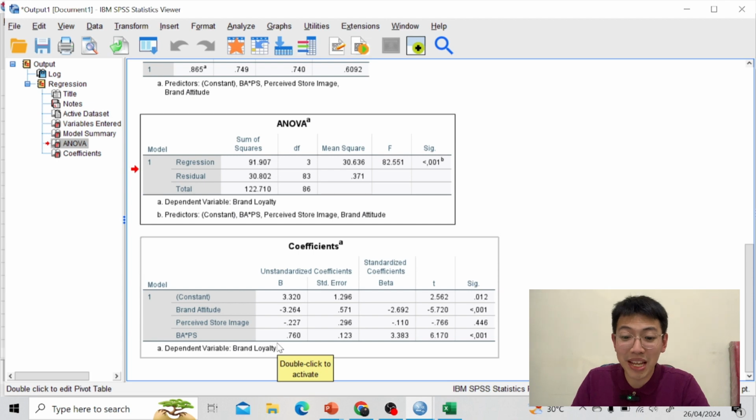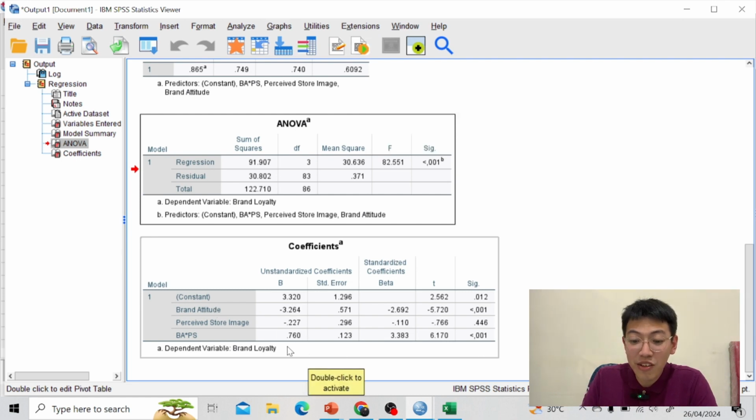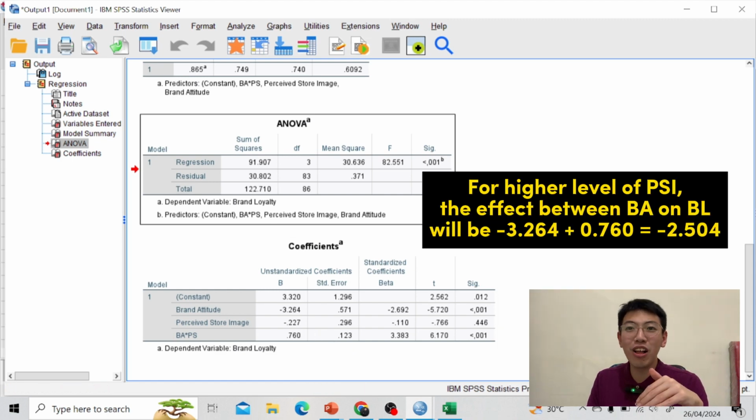What does it mean? So guys, based on the previous result, you can know that brand attitude affects brand loyalty negatively. The coefficient of the effect is minus 3.264. Since the coefficient of the interacting variable is positive, this is the interpretation. For higher level of perceived store image, the effect of the brand attitude on the brand loyalty will become minus 3.264 plus 0.760.